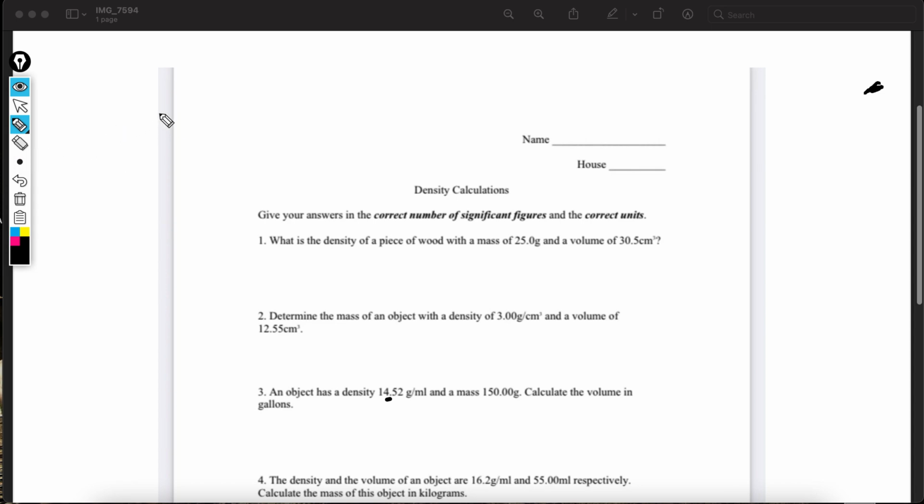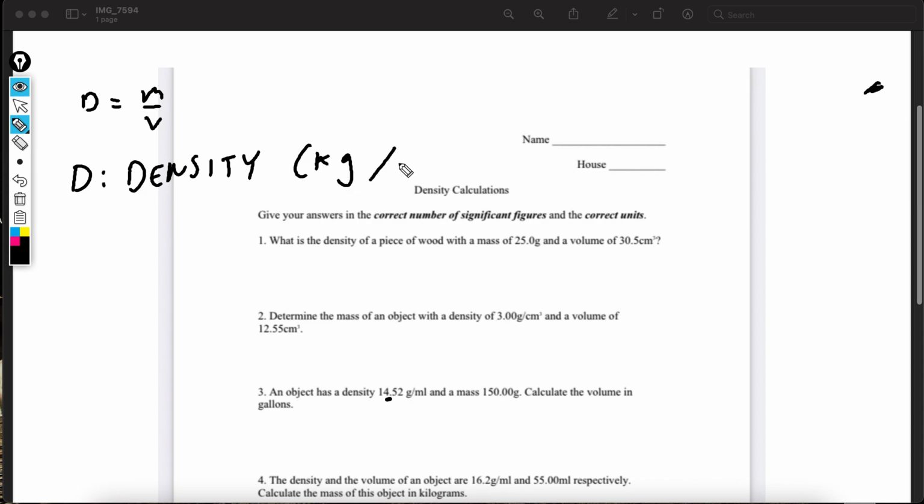Okay, so we're going over density is equal to mass over volume. Really quickly, I just want to illustrate something on the side. Density can be categorized as kilograms per meters cubed.